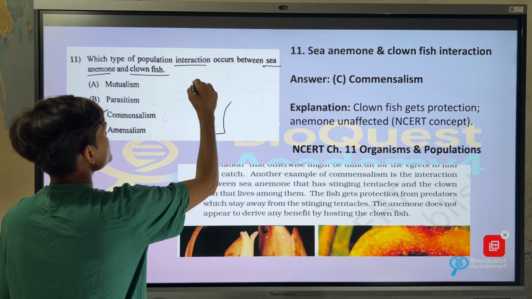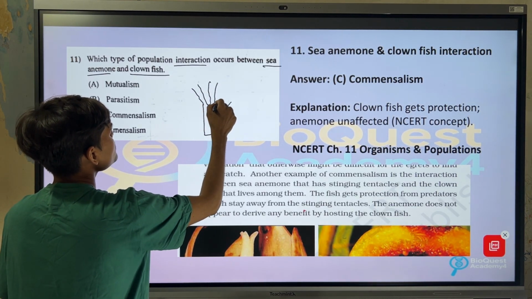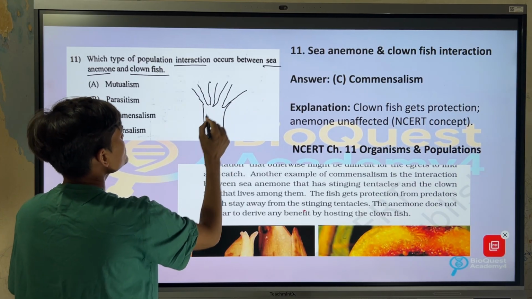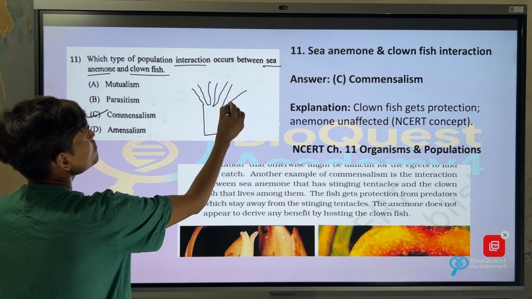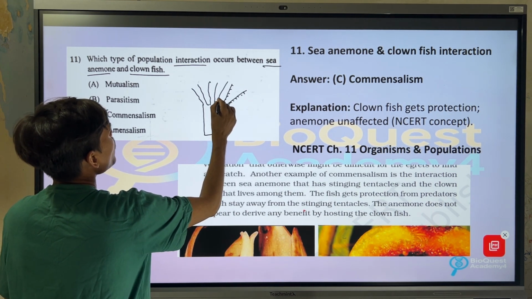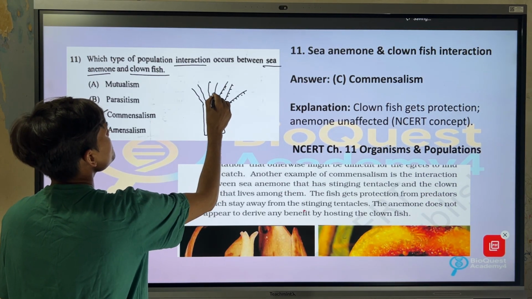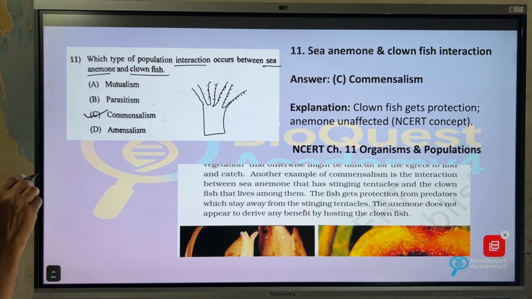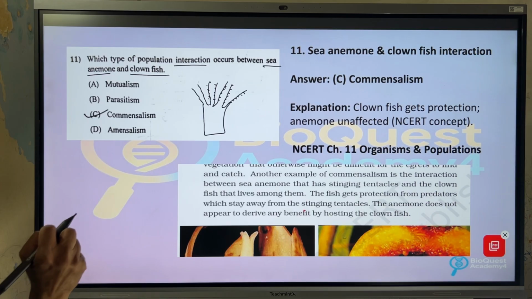They have tentacles. These tentacles of the sea anemone have poison in them. They have poison glands and a poison sting. That is how they catch their prey.